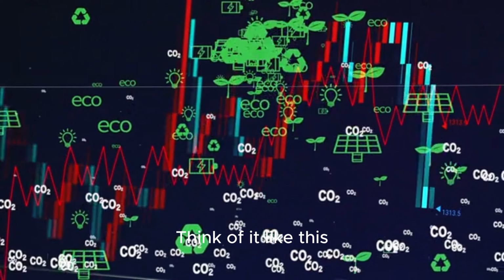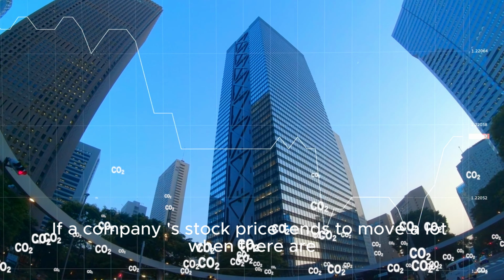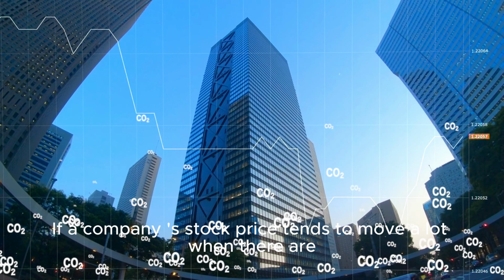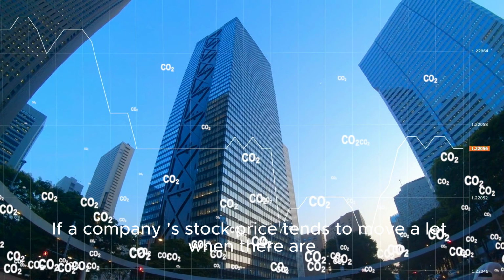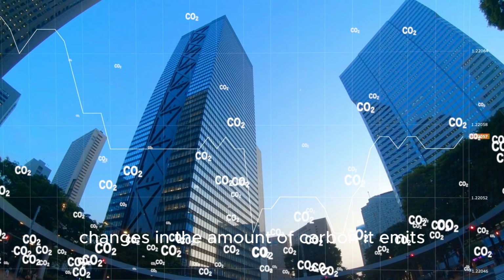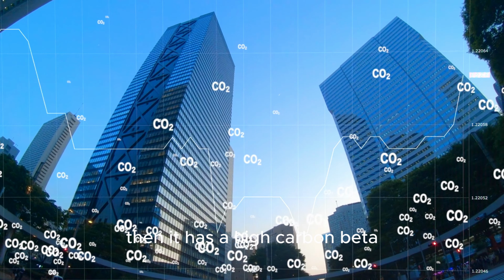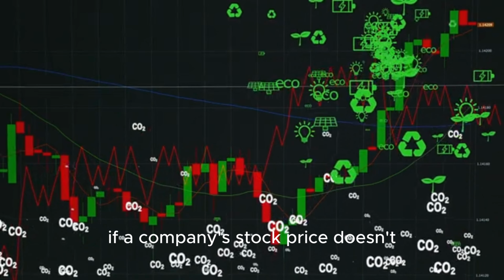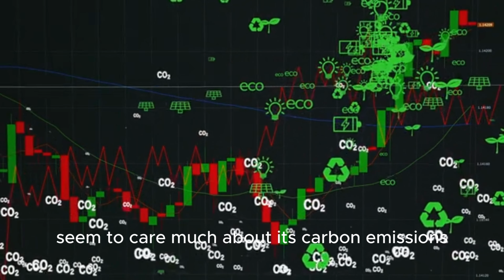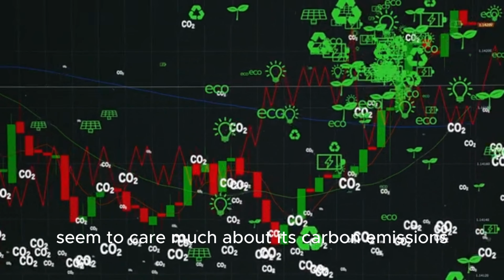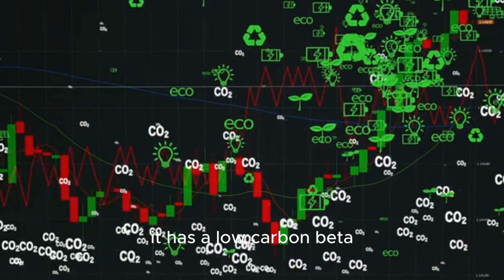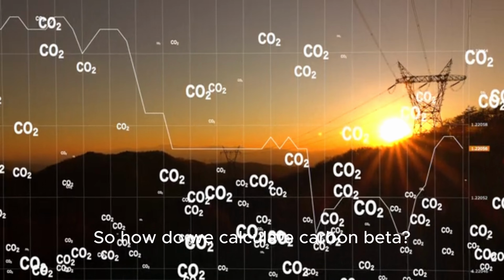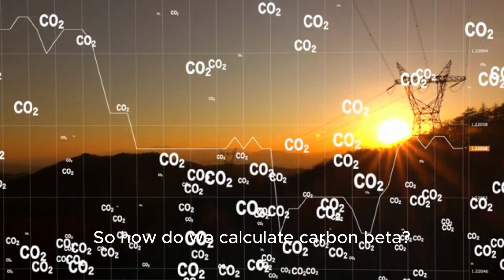Think of it like this. If a company's stock price tends to move a lot when there are changes in the amount of carbon it emits, then it has a high carbon beta. On the other hand, if a company's stock price doesn't seem to care much about its carbon emissions, it has a low carbon beta.